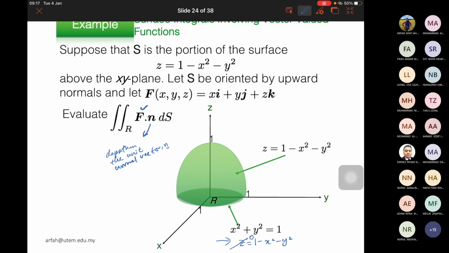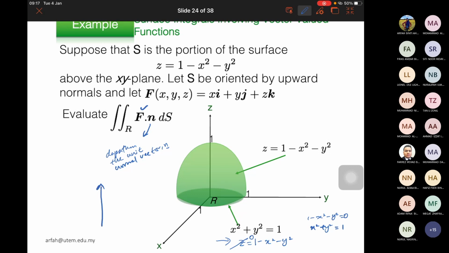So when z equal to 0. Why z equal to 0? Because the region is located at the xy plane. So 1 minus x squared minus y squared equal to 0, meaning that you have x squared plus y squared equal to 1. So it is a circle.